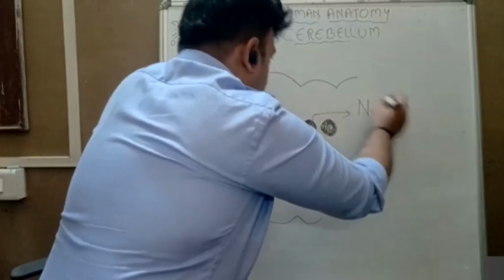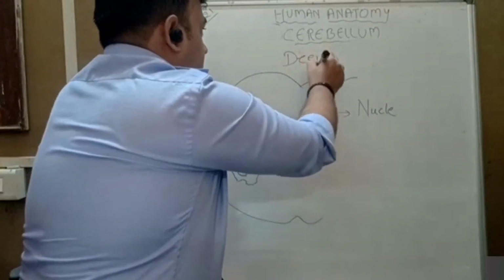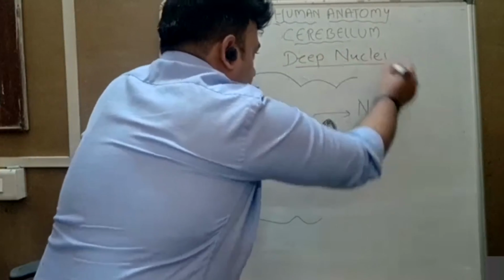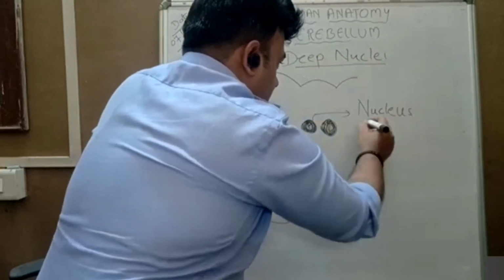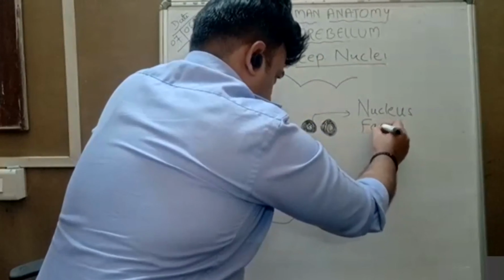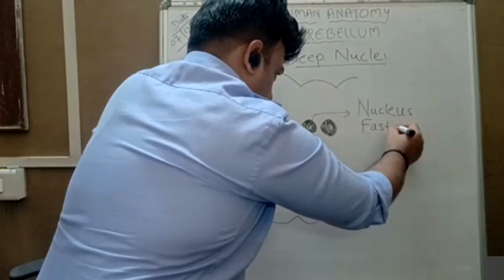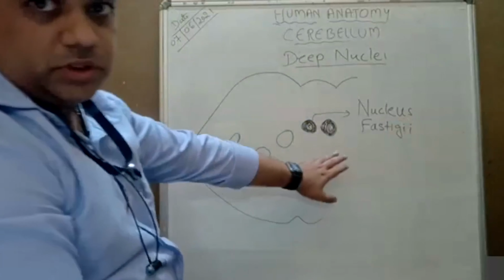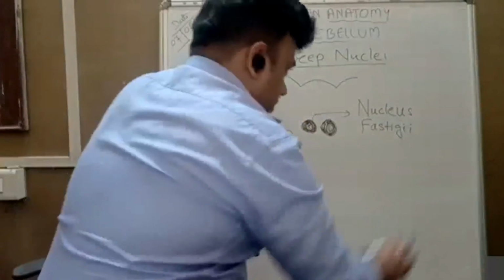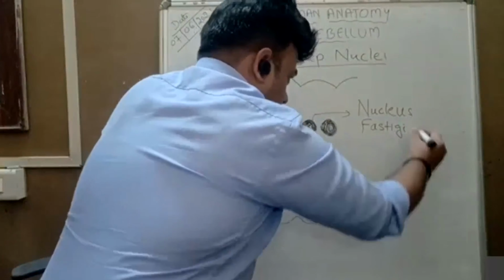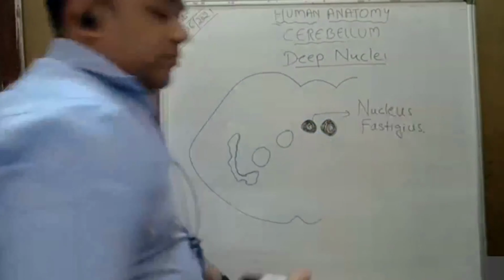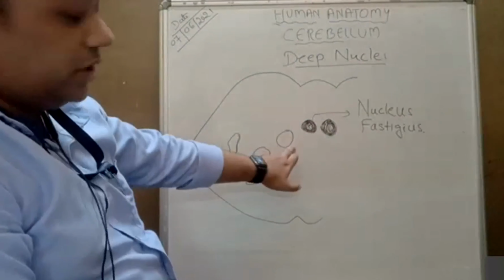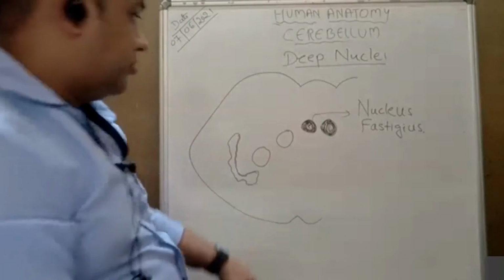So these are the deep nuclei of the cerebellum. Deep nuclei. Nucleus fastigius और fastigii. ओके, न्यूक्लियस fastigii या फिर अगर सिंगल तुमको नाम लेना तो fastigius. ठीक है. Then next come the nucleus globosus here and this emboliform nucleus.